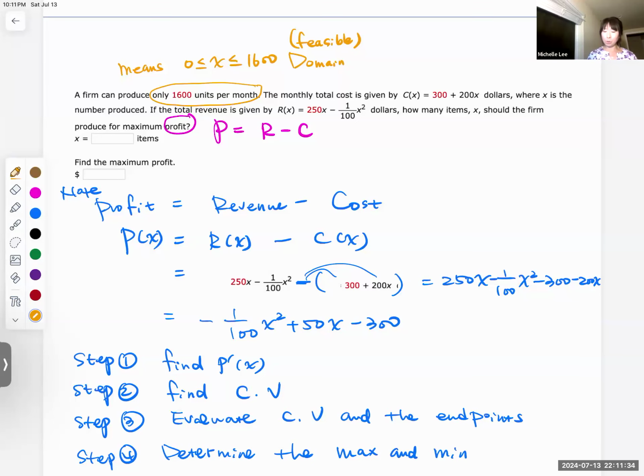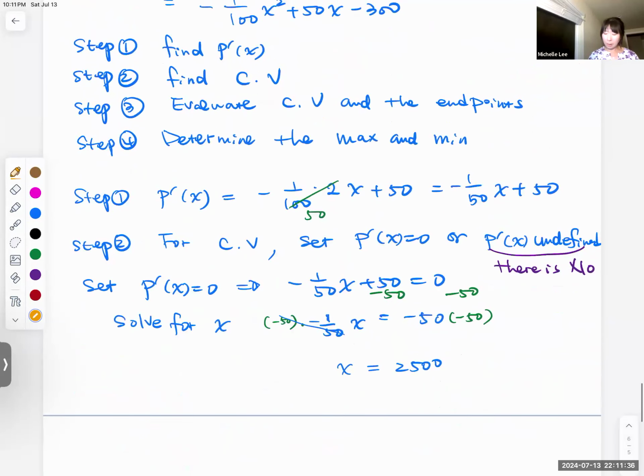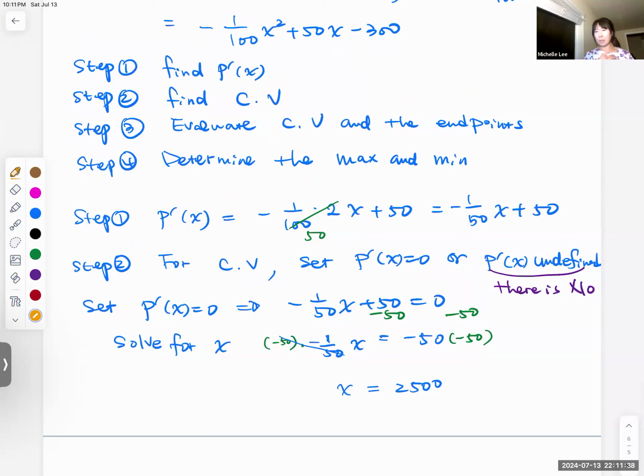Critical value, which is 2500, right? But the company cannot produce more than 1600, right? So this is too large.